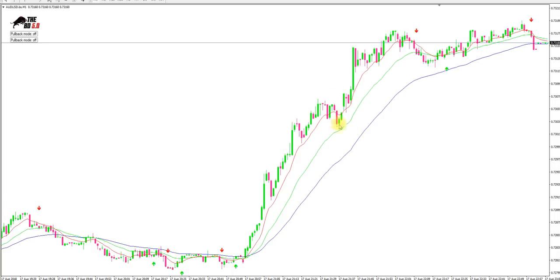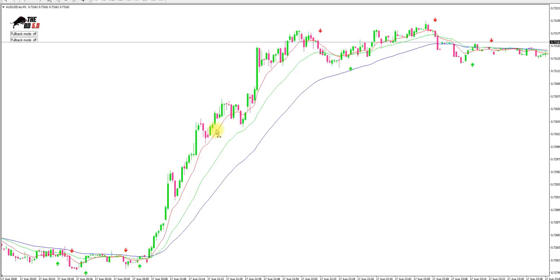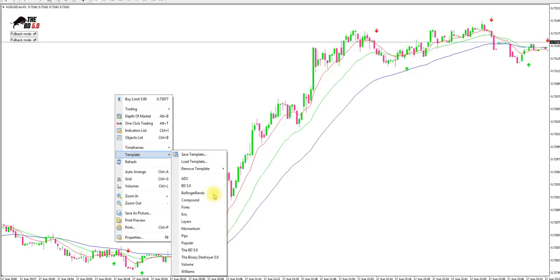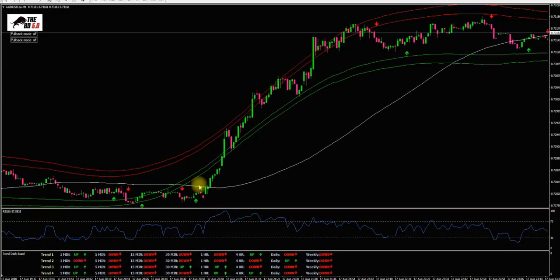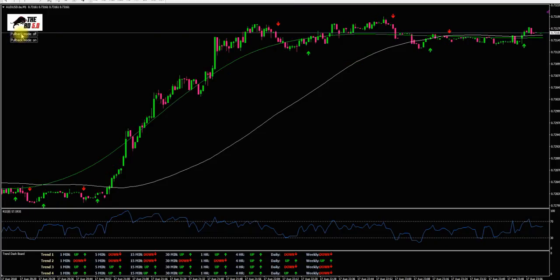Now, unfortunately, we haven't got a Binary Destroyer signal here. This isn't the normal Binary Destroyer, because obviously you guys wanted to learn price action, so I'm giving you my version, my setup that I use for price action.